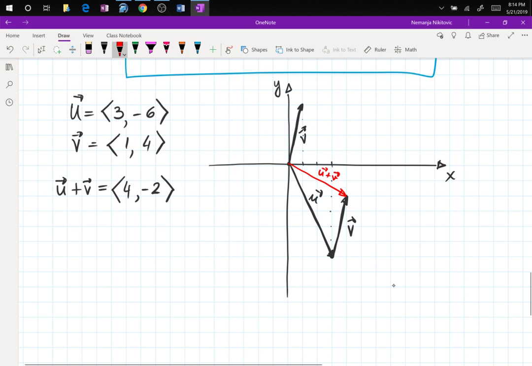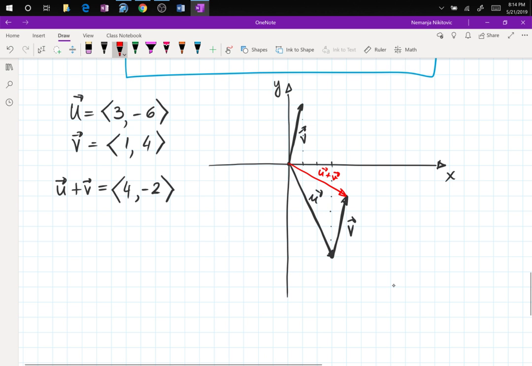Now, subtraction doesn't exist, actually, because there's no need for it. What we have for subtraction is actually addition of the vector that is just flipped.